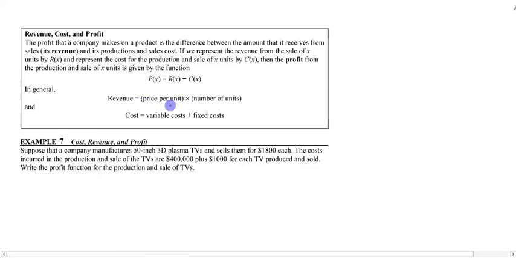That's your price per unit. Let's say that you have sold 100 cups of lemonade. That's the number of units. So the revenue that you have pulled in from that is 100 times 0.5, which is 50. $50 would be your revenue then.